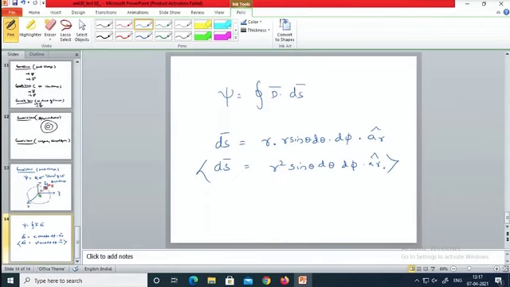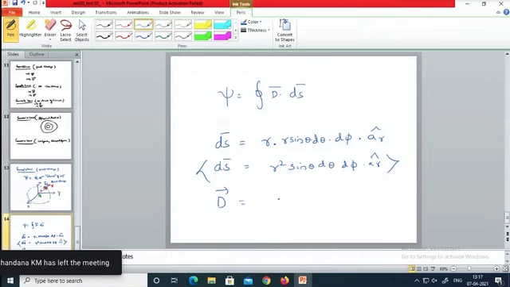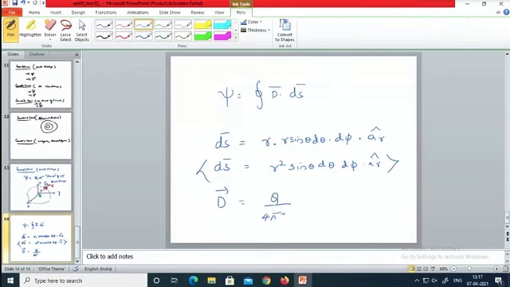Okay. So the D vector, I already know the D vector due to a point charge. It is nothing but Q by 4 pi r square, because I know E. So E is what? Q by 4 pi epsilon naught r square, a_r cap.